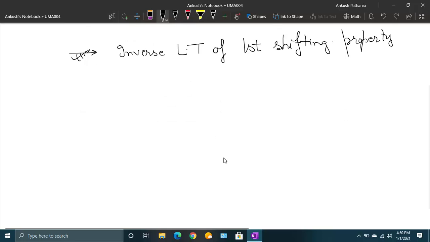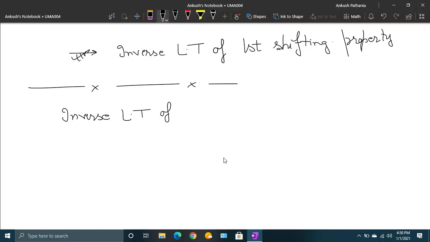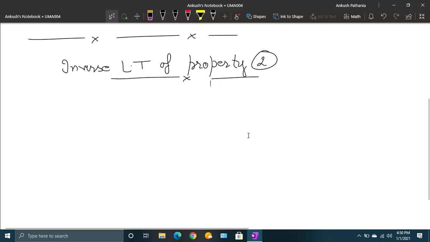Now I am coming to the inverse Laplace transform of property 2. Property 2 was differentiation, and the inverse Laplace transform of this property is very important. Let the Laplace of f(x) equal F(p).